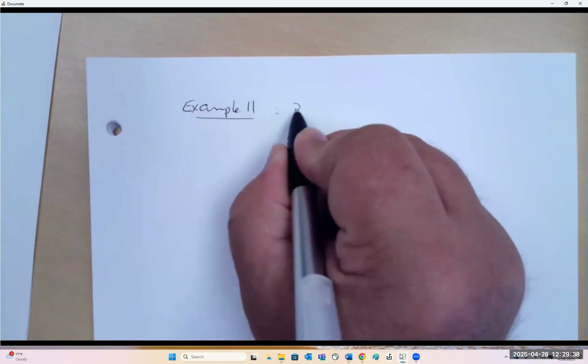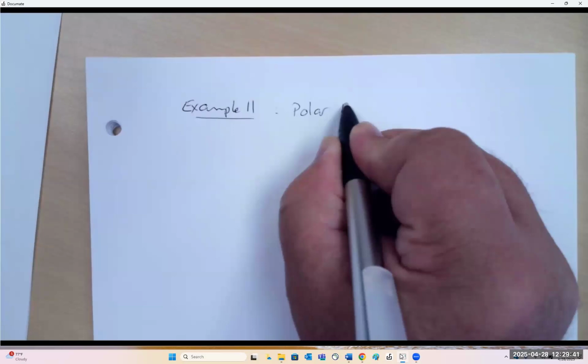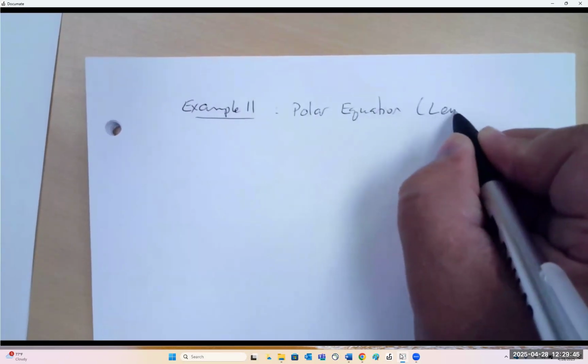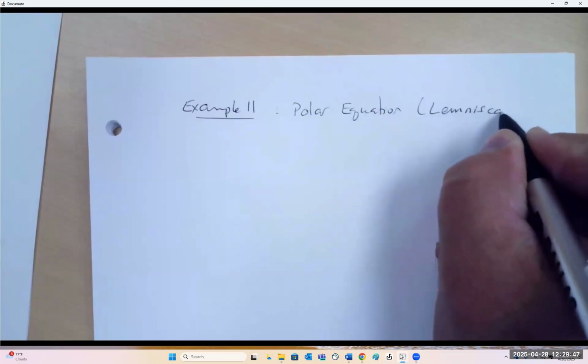Example, a polar equation as a lemniscate.